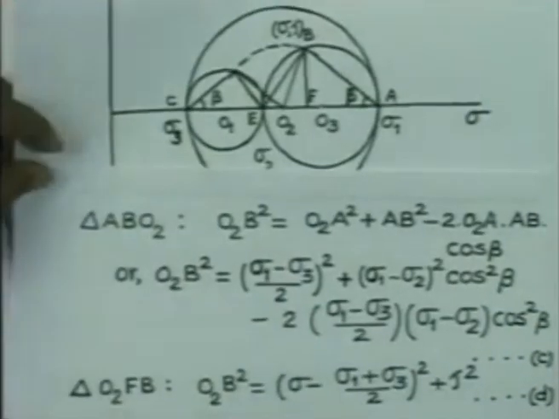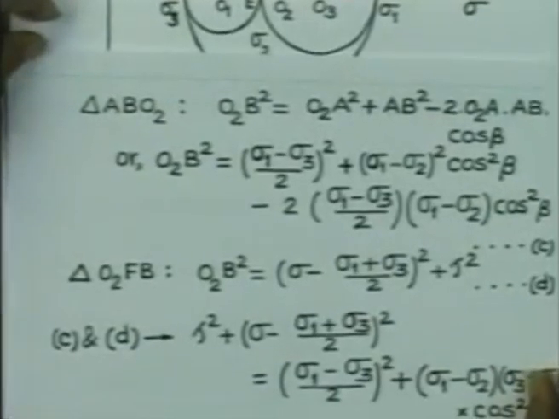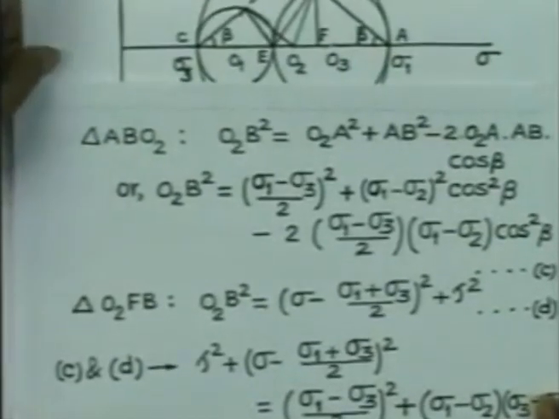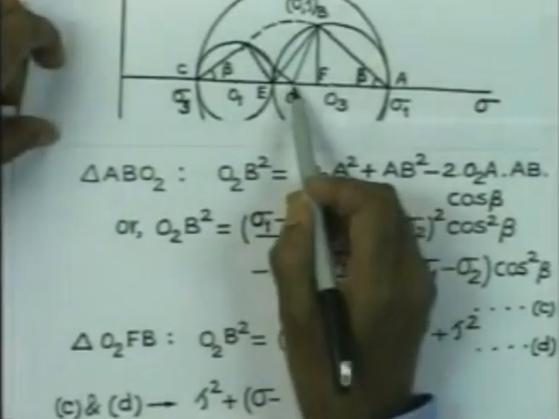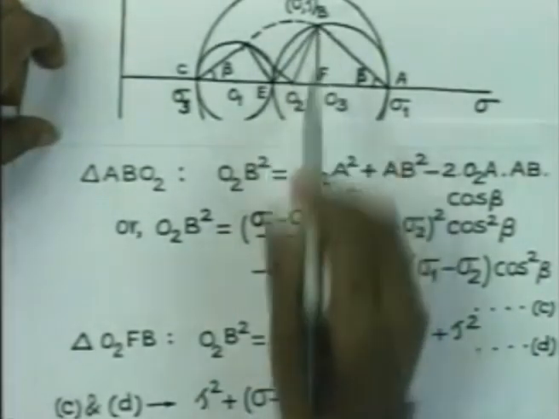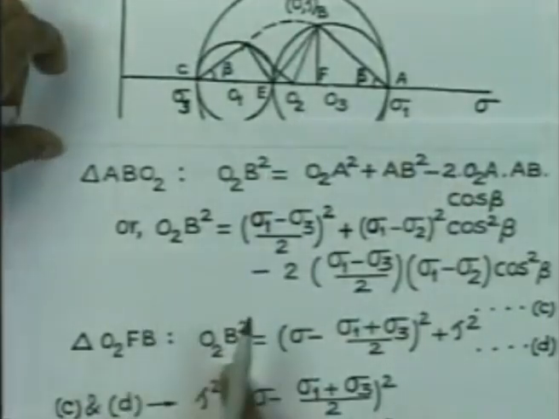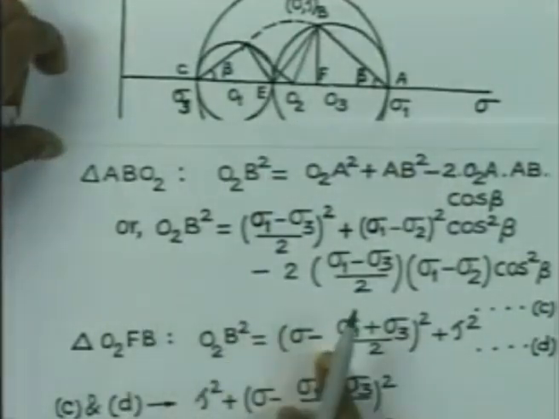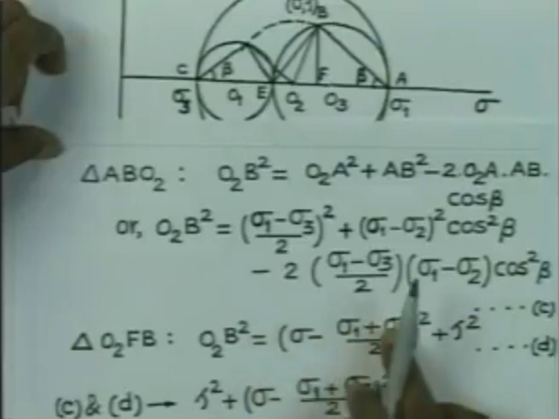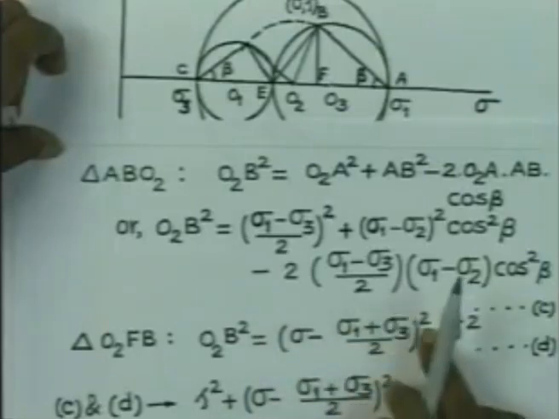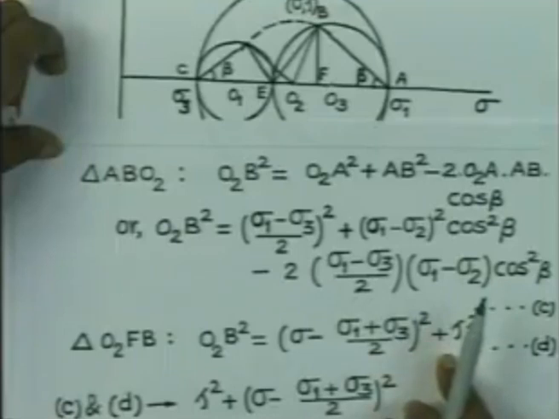Now, again, consider the triangle O2FB. Then you have O2B square is equal to O2F, that distance is nothing but sigma minus sigma 1 plus sigma 3 by 2 whole square, and the height FB is tau.